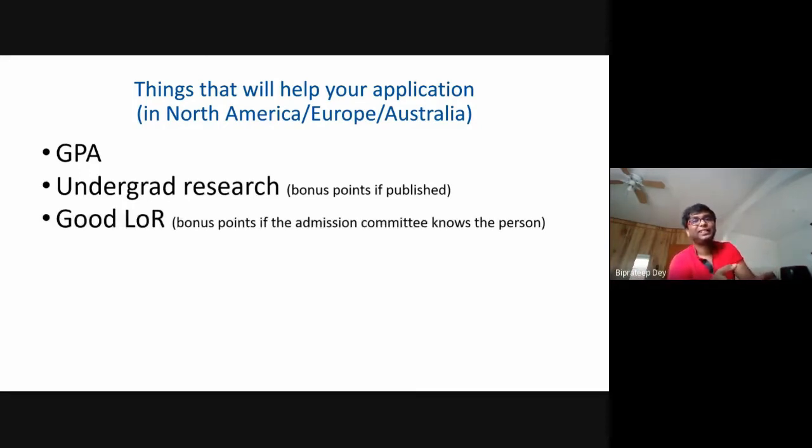And then this is the obvious thing, you need good letters of recommendation, and it will be better if you can manage to get the letters of recommendation from people who are famous, or from people whom the admissions committee know personally.